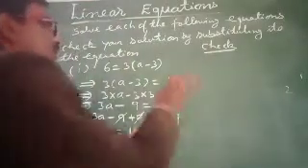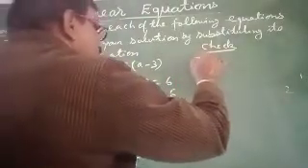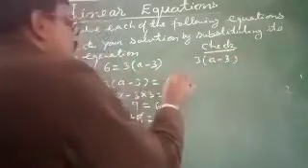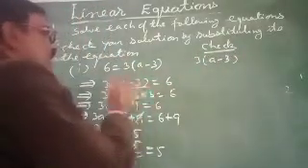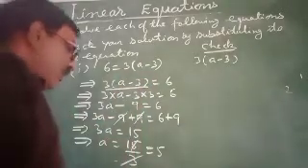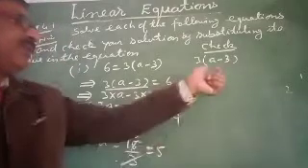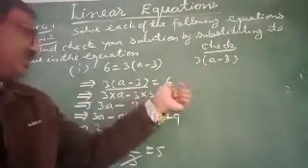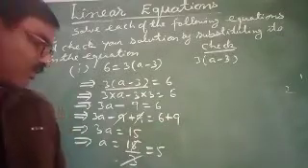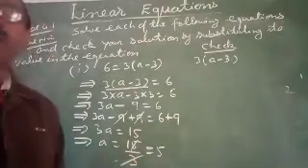Now you have to check. This is our equation, 3a minus 3. This is the left hand side of this equation. So I will put a equal to 5 in this equation. If we find 6, then our solution is correct.